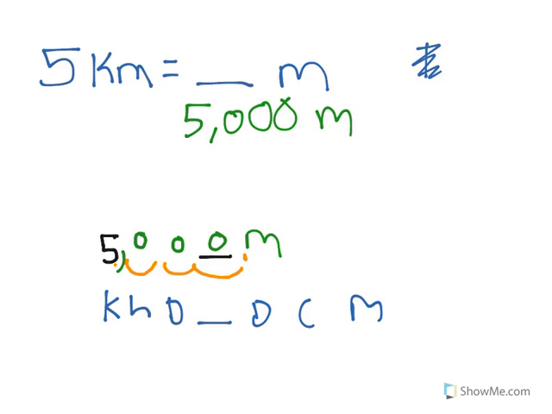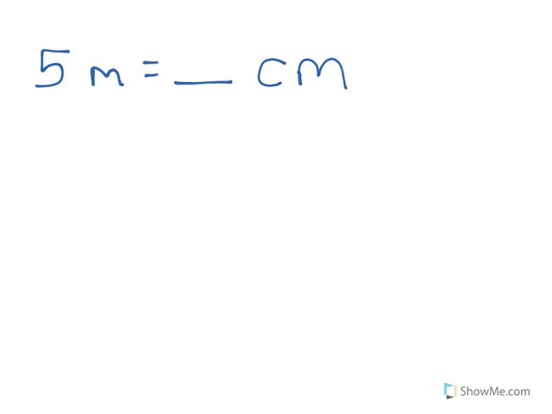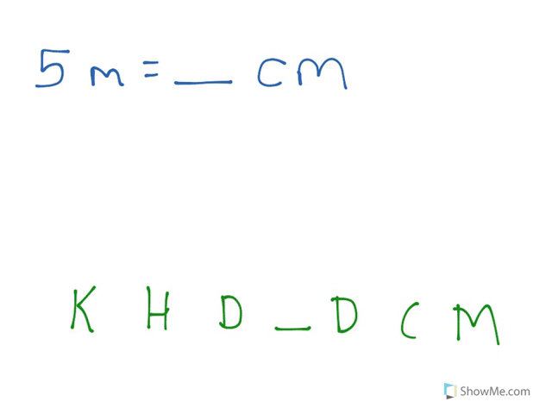Let's look at another example. Let's say we have 5 meters and we're trying to get to centimeters. The first thing that I need to do is write my acronym: King Henry died drinking chocolate milk. This time I'm starting at 5 and I need to get to the centimeters.